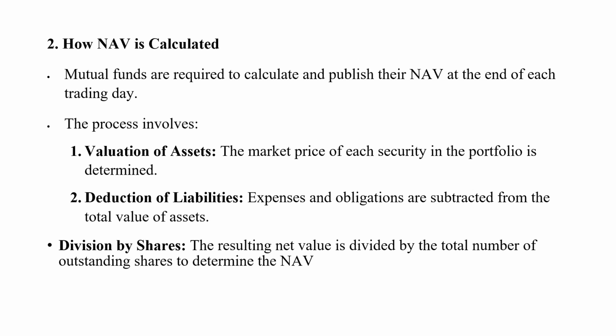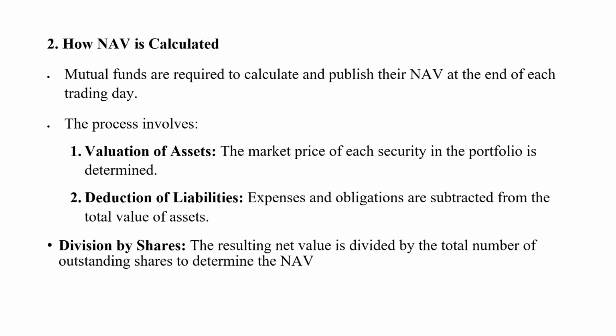So when you take asset minus liability, you get a net value, which is divided by the outstanding shares, which will determine NAV. Every mutual fund company goes for calculating the net asset value of the mutual fund based on this calculation.